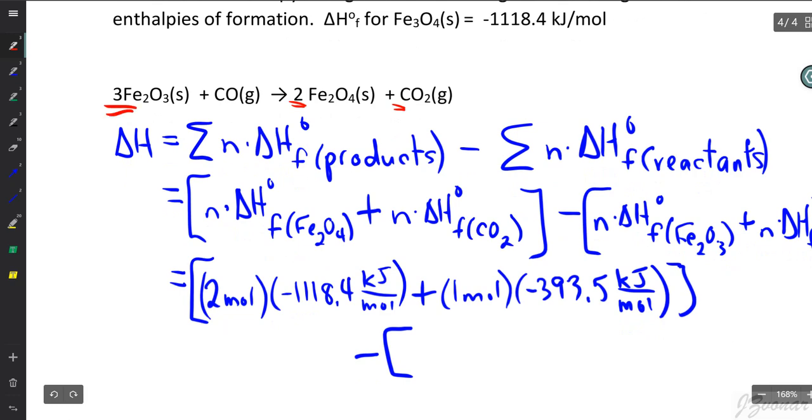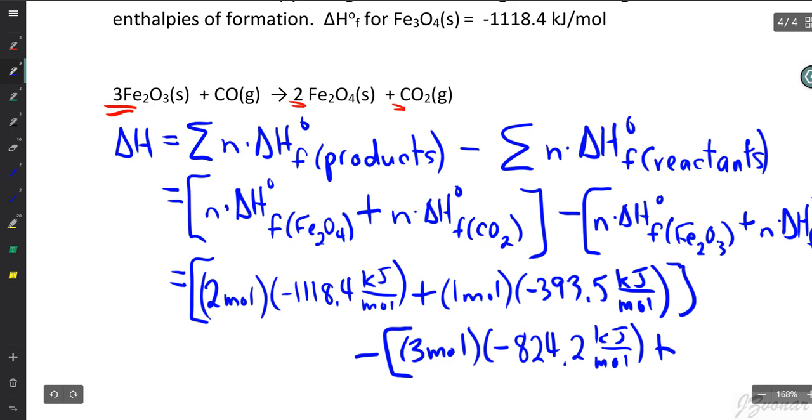It's got 3 moles from the balanced equation, and I'm going to look up on page 320 once again, and I'm going to find that Fe2O3 has a delta H of formation of negative 824.2 kilojoules per mole, plus my last reactant, which is 1 mole of carbon monoxide, times its delta H of formation of negative 110.5 kilojoules per mole, all square brackets.